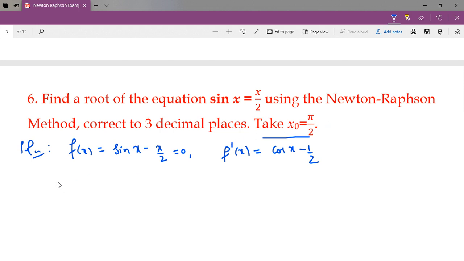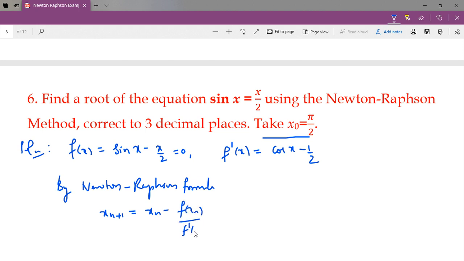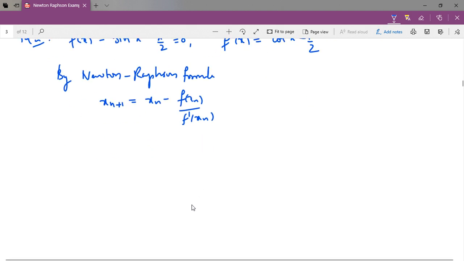So directly you can use the Newton-Raphson formula. Always you have to write the Newton-Raphson formula first: x n plus 1 is equal to x n minus f of x n divided by f dash of x n. So when n is equal to 0, we get x1.